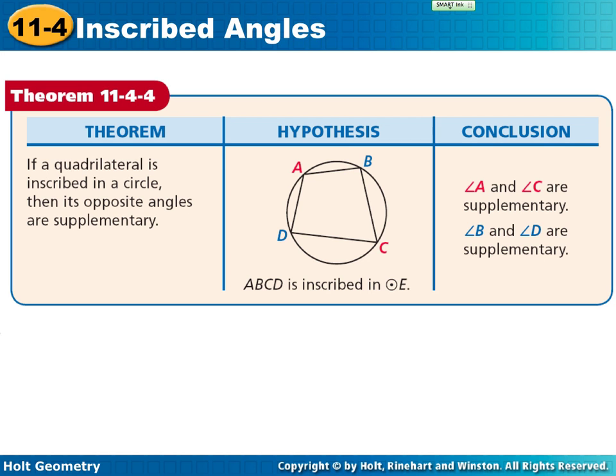Its opposite angles are supplementary. What's that mean? It means that they add together to make 180. So angle A and angle C will add up to be 180. Angles B and D will add up to 180. Let's throw some numbers up there and see if that really does work.